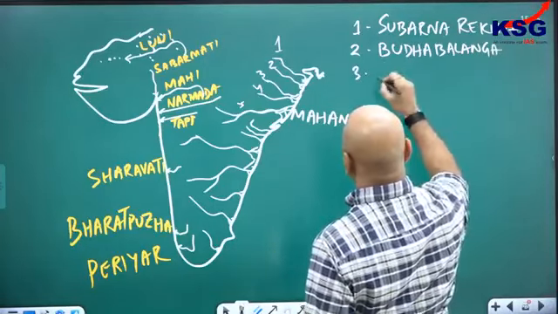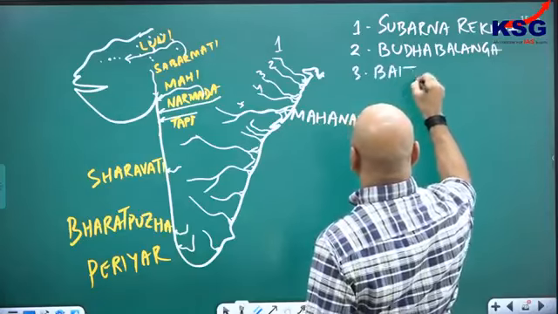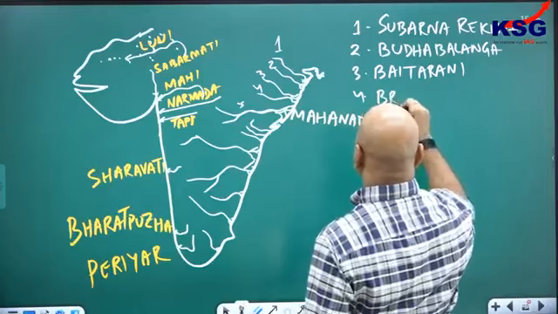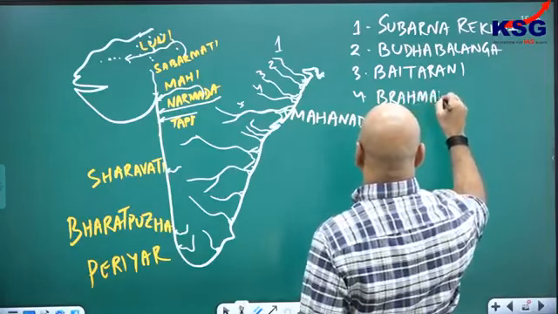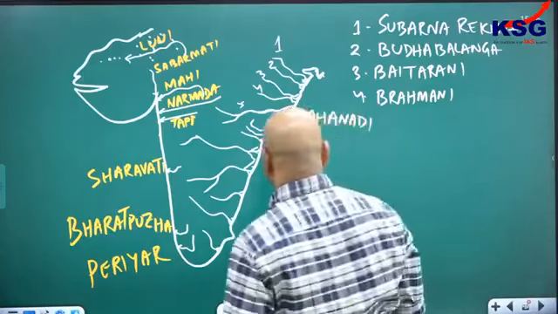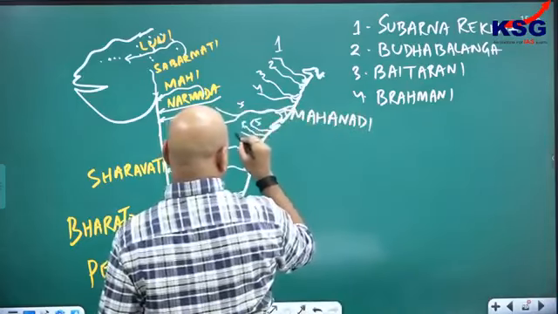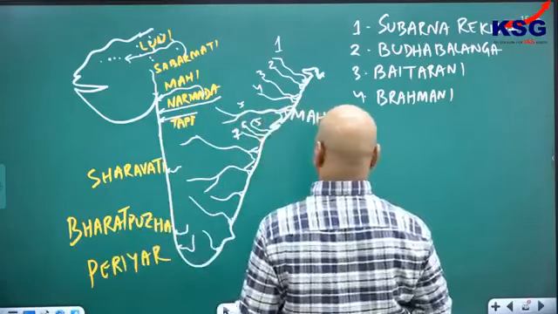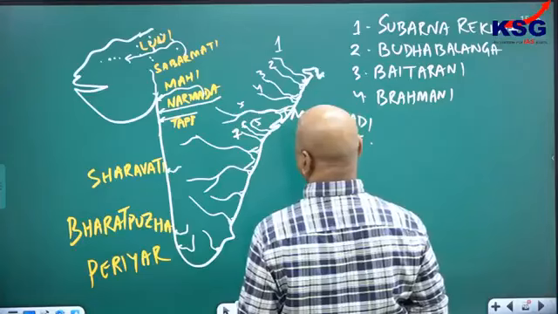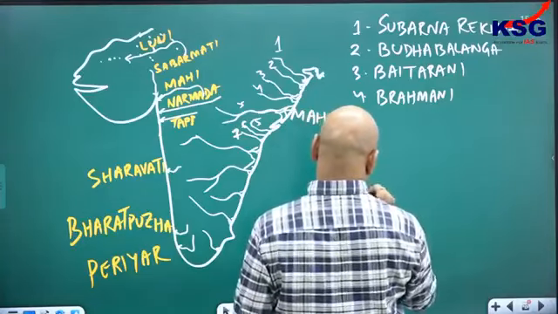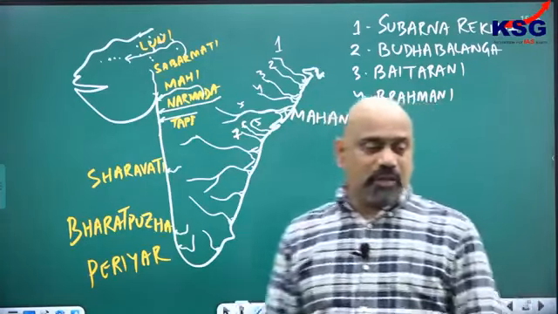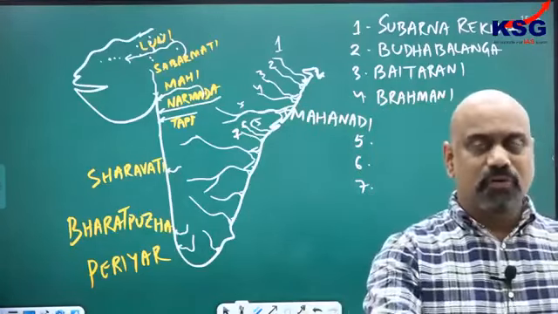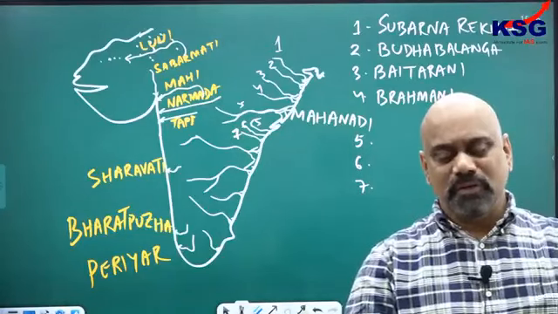Three, Baitarani. Four, Brahmani. Five, Mahanadi. Then Rushikulya, I can see that. Can you draw this first? Draw these rivers here, all the east flowing rivers.